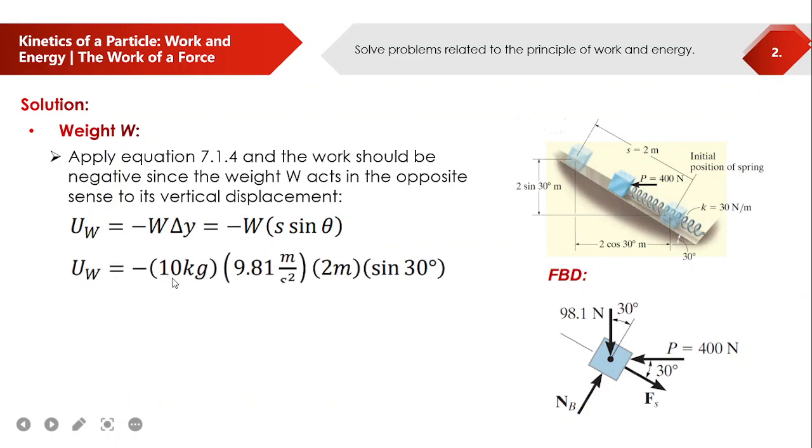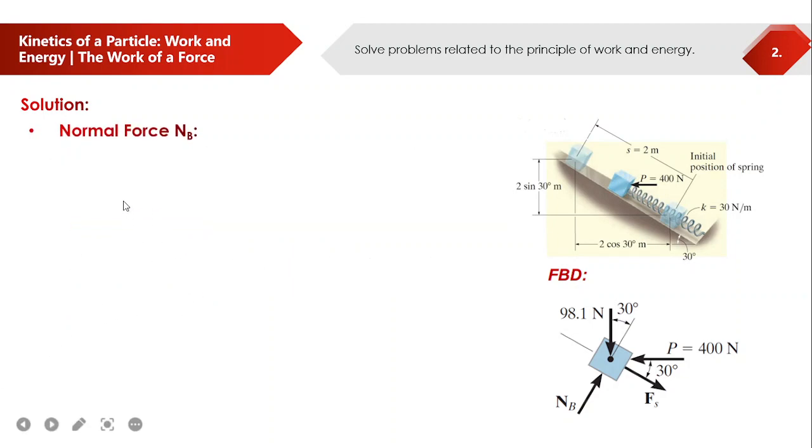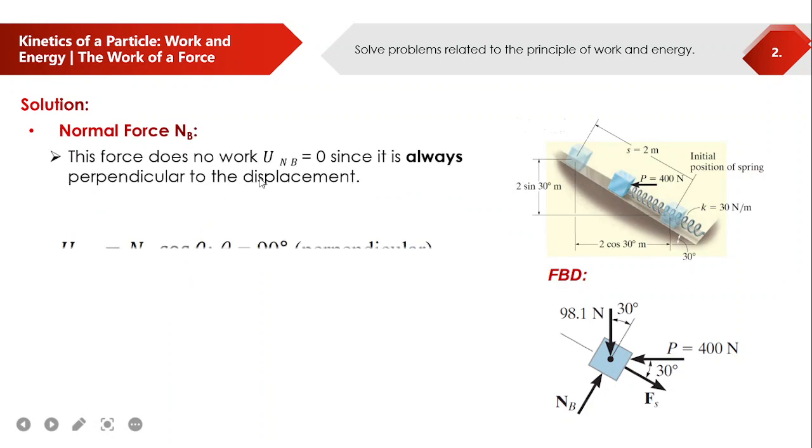So it will be negative 10 kilograms times 9.81 meters per second squared, 2 meters times sine 30. Diba? Sine 30. So that will be negative 98.1 joules.